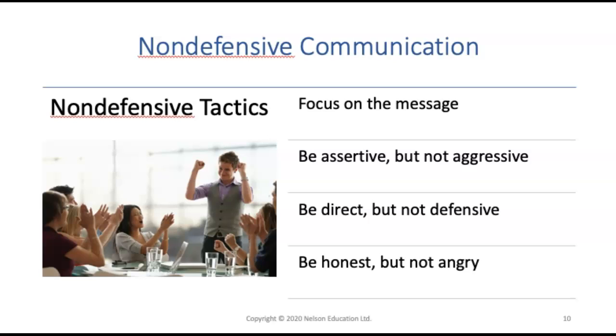Be assertive, not aggressive. Just be confident in your communication and straightforward and loud, well, loud enough for people to hear, but not aggressive. Be direct, but not defensive, and be honest, and don't be angry. Listen, nobody likes the angry person in the office yelling and screaming.